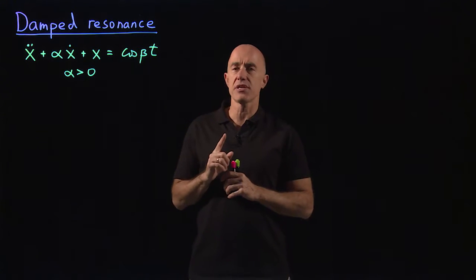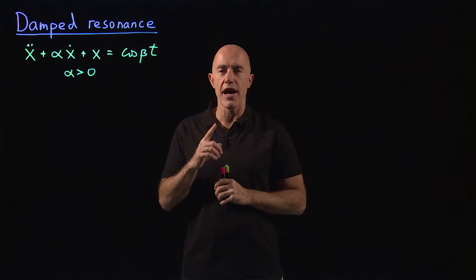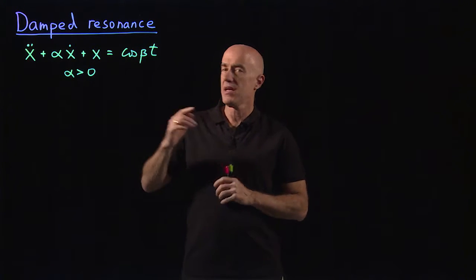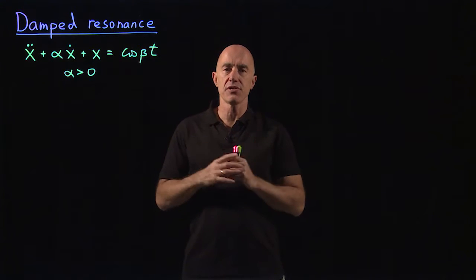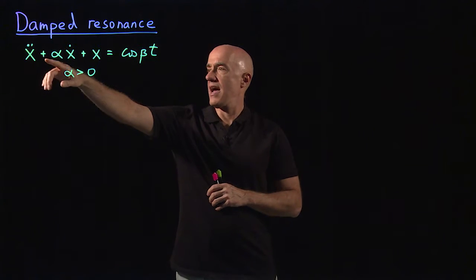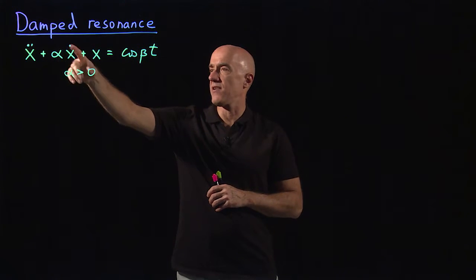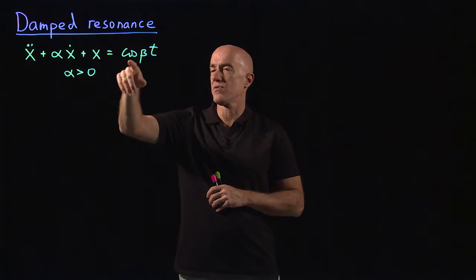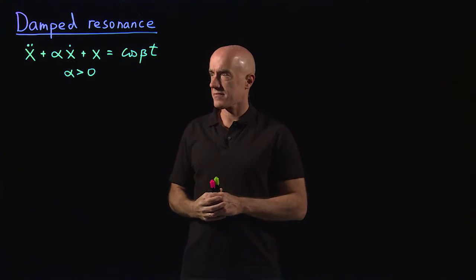So the differential equation we derived for those 3 problems is the same dimensionless differential equation, which I write here as x double dot plus alpha x dot plus x equals cosine beta t.